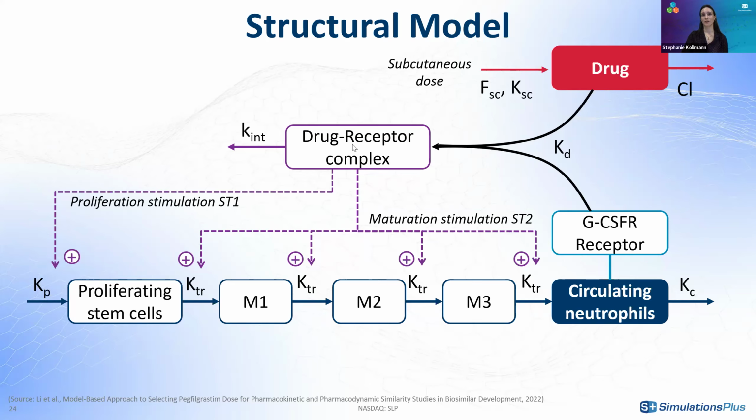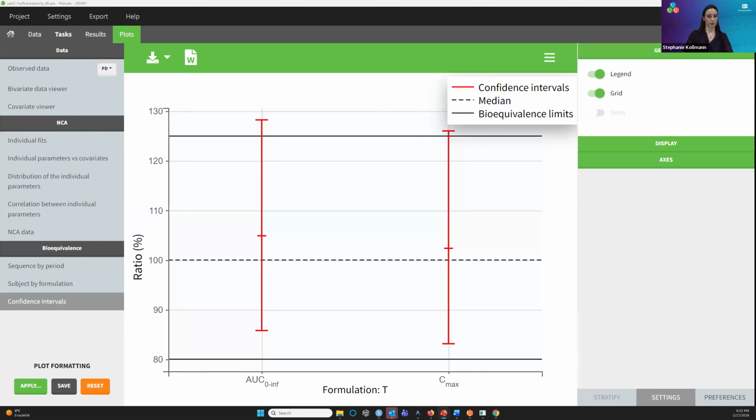I'm sorry, shall I explain the whole scheme? No, I think maybe just remind us in which paper we can find more details. I see. Okay, the paper is listed here.